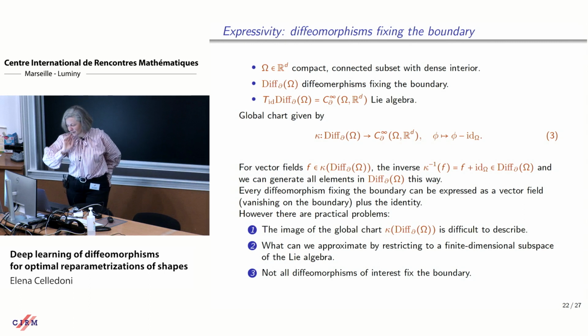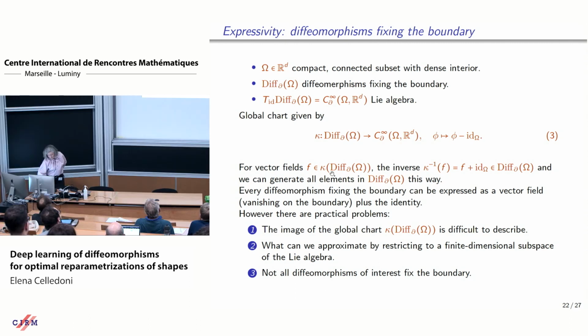But the problem is that it's not any vector fields, it's just the appropriate ones. So it's quite difficult to describe the preimage of this chart map, or the image, which is the place where you want to pick your diffeomorphisms from.